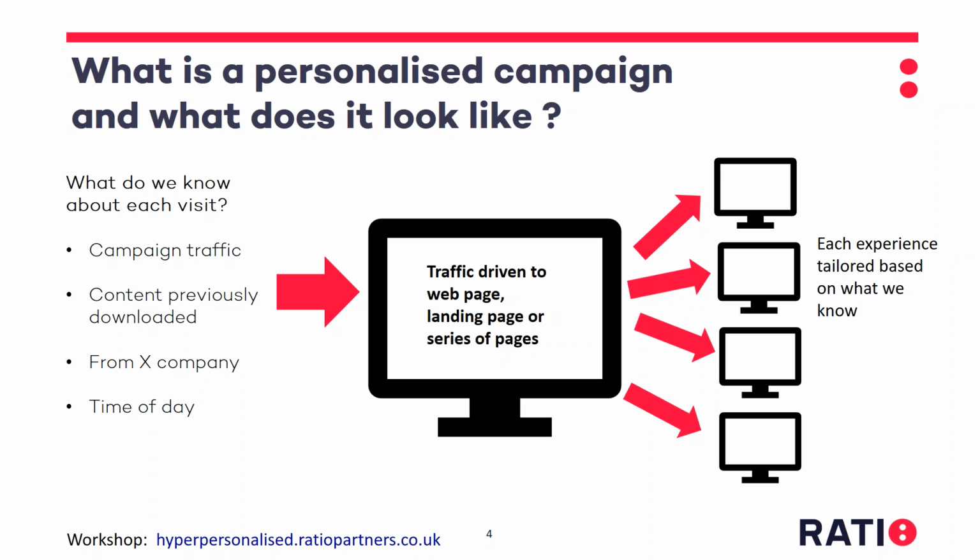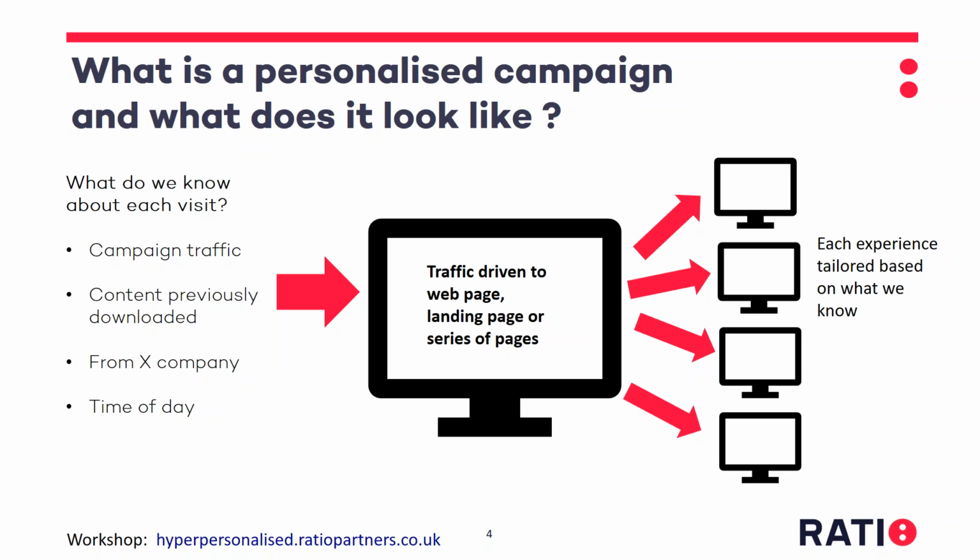And when we look at personalization, what is the next step? So looking at the traffic sources and then looking at what URL people are being driven to, whether that's your homepage, a specific landing page or a series of interconnected pages. It's about understanding the context of that visit, and moving away from delivering a one-size-fits-all website or landing page, where it's the same experience irrespective of context.